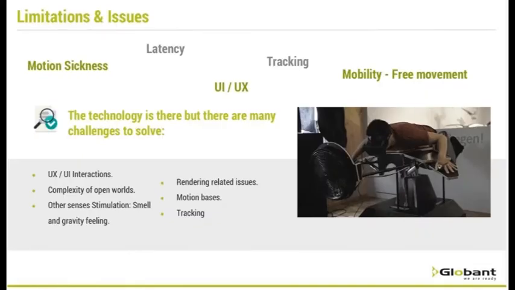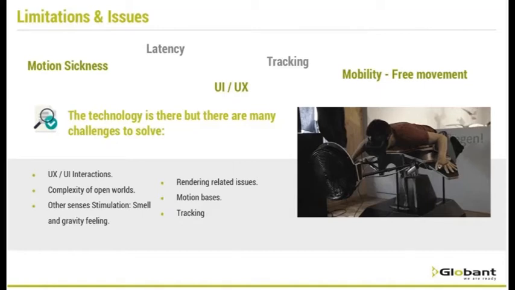So as we saw in the timeline, there was a huge gap where we didn't hear anything about it. And one of the reasons behind that, or at least I think so, is that there are a lot of issues that came into play when creating this virtual environment.